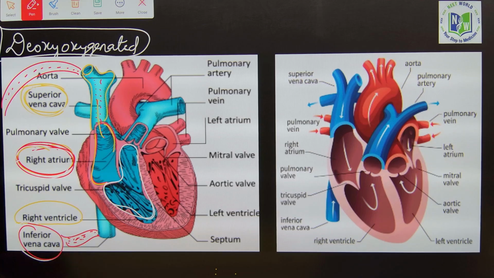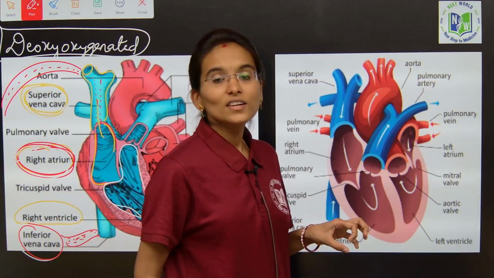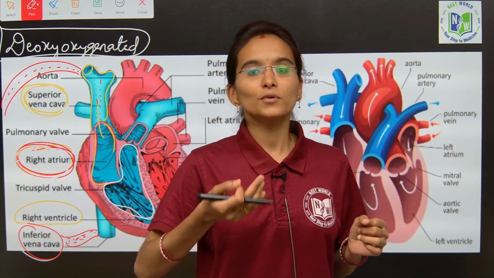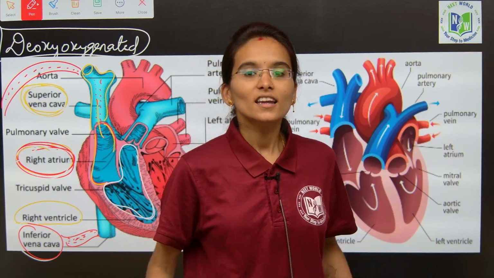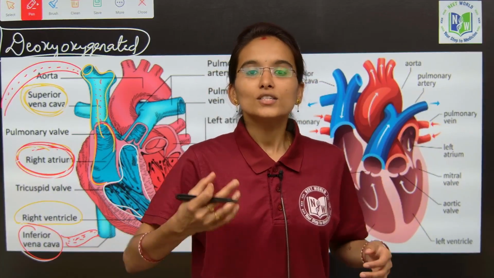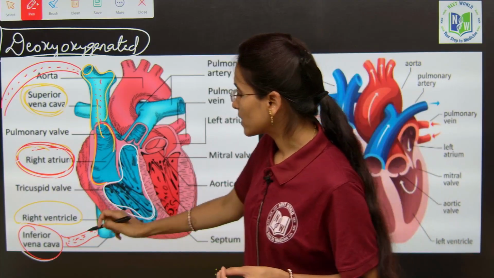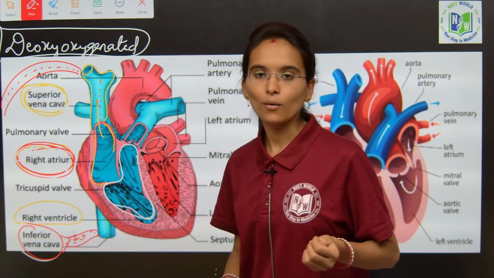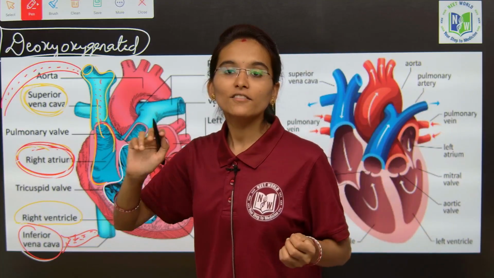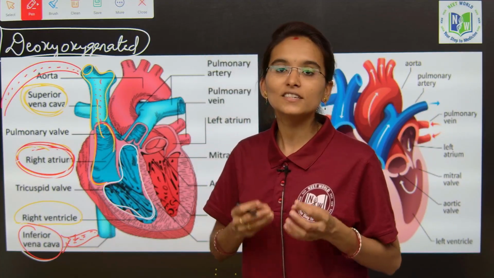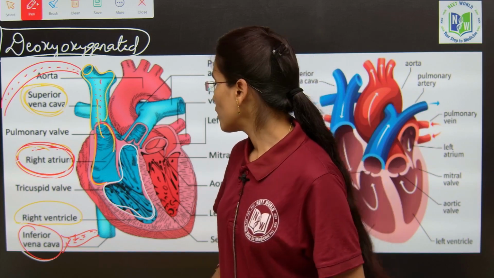The inferior vena cava will receive the blood from the lower portions, the posterior portions of the body like legs, hip, etc. From all these body parts the blood will be received by the inferior vena cava. The superior vena cava receives the blood from the upper body parts and the inferior vena cava receives the blood from the lower body parts.